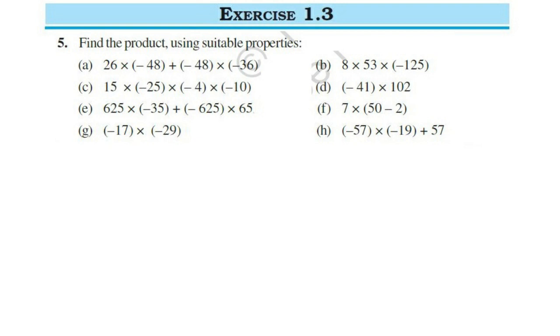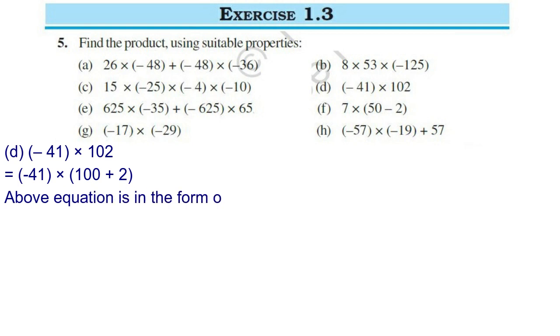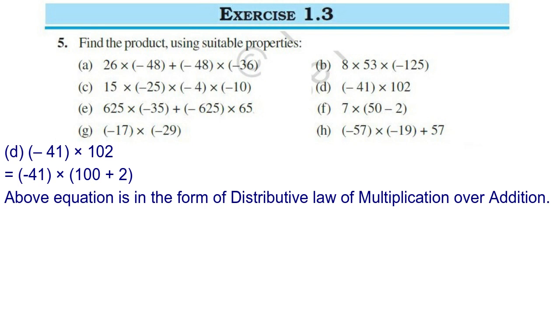Go to the next problem, problem D. Minus 41 multiply 102. If we write this equation as minus 41 into 100 plus 2, means we divide 102 into 100 plus 2, then form an equation. This equation is in the form of the distributive law of multiplication over addition.